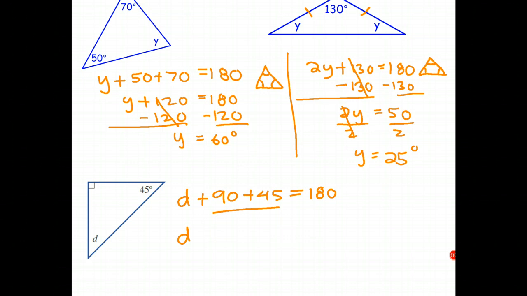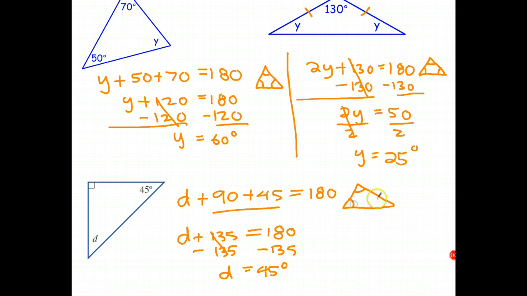And I get D plus 135 adds to 180. Subtract 135 from both sides, and D is 45 degrees. And don't forget to put in the coded reason: angles in any triangle add to 180 degrees.